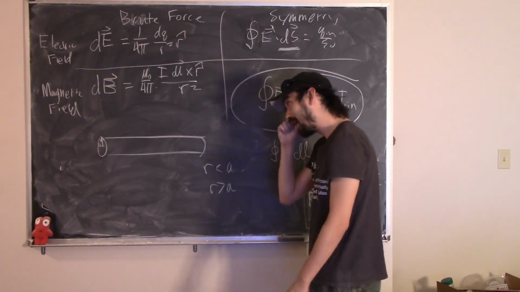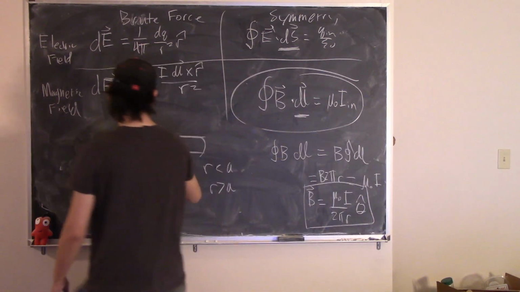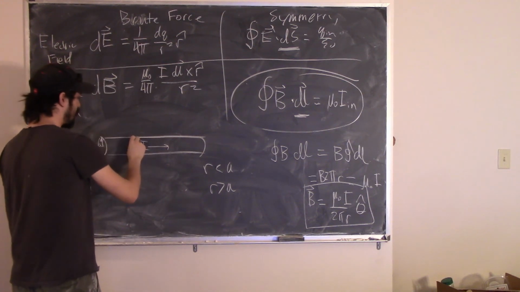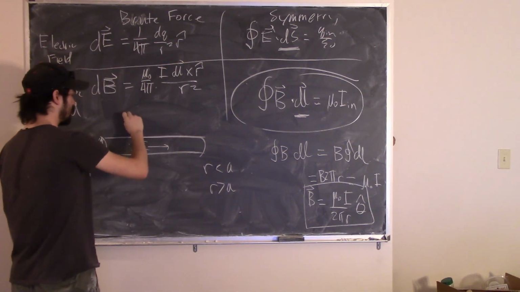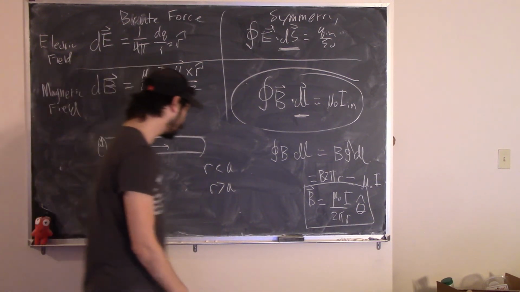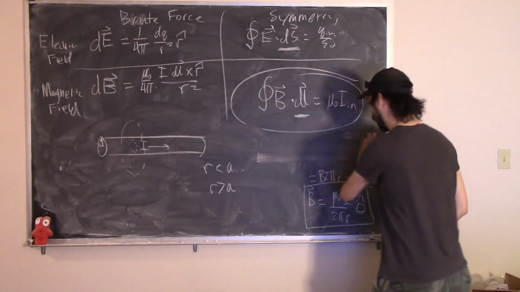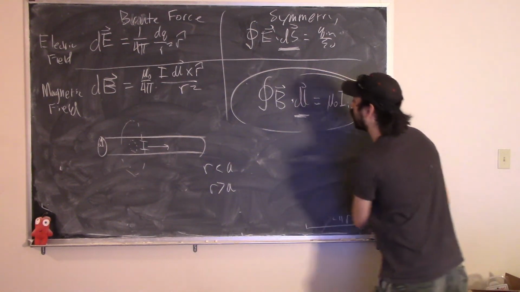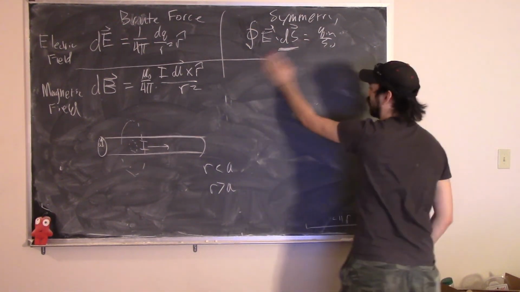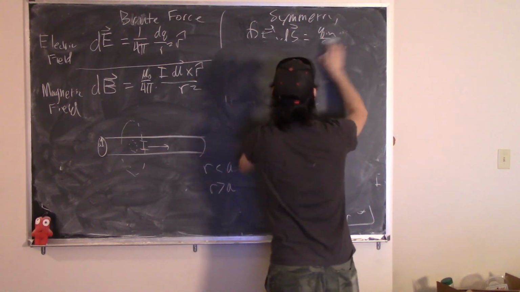And I'm going to have two Amperian loops. So if this is the current going in this direction, one of my Amperian loops is going to look like this, the other one like that. Let's look at how we can evaluate the first region, because the second region is actually the same as what I just did.